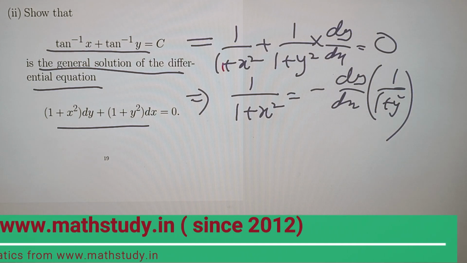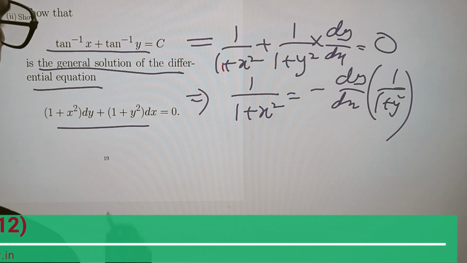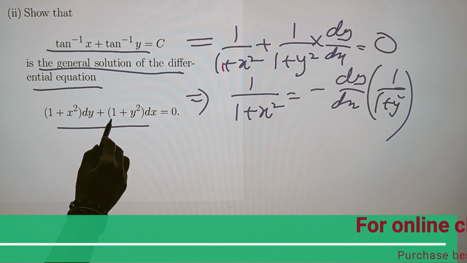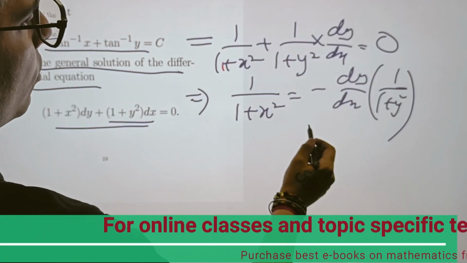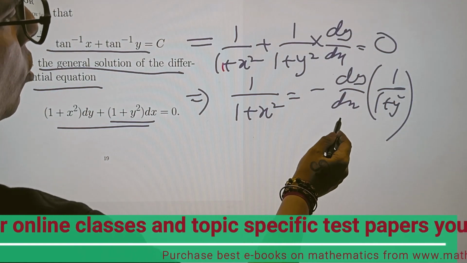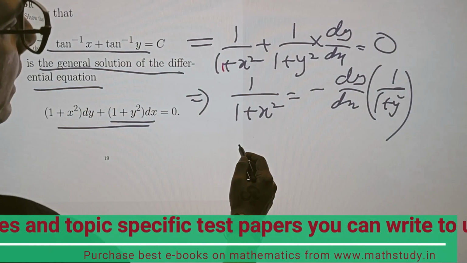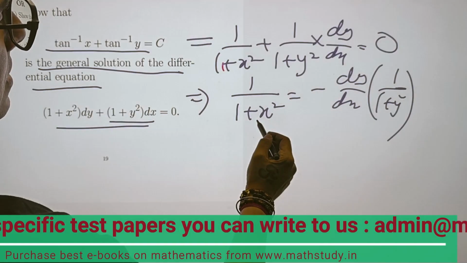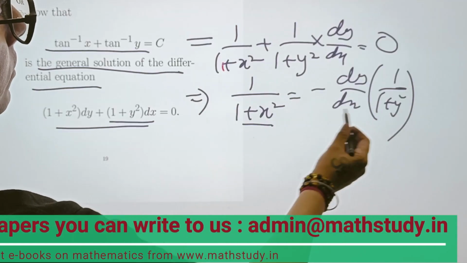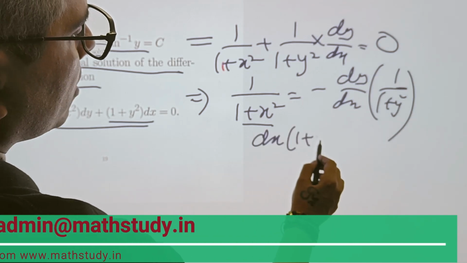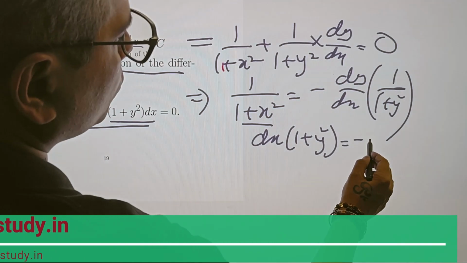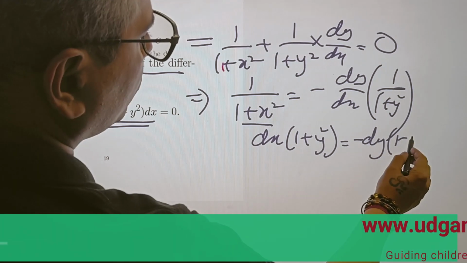Very simple here. Now as per our question, we are having 1 plus y square dx. So here we can simply cross multiply so that the dy part is with 1 plus x square and the dx part will be with 1 plus y square. So we will get dx into 1 plus y square equals minus of dy into 1 plus x square.